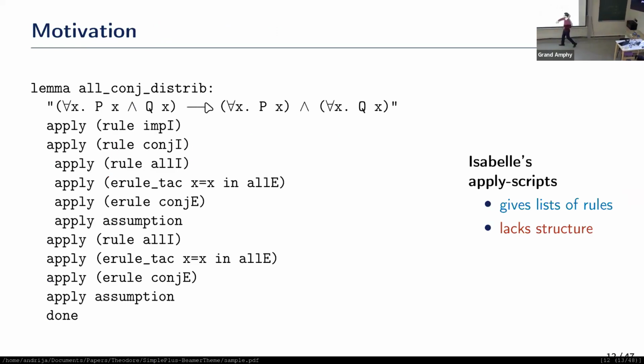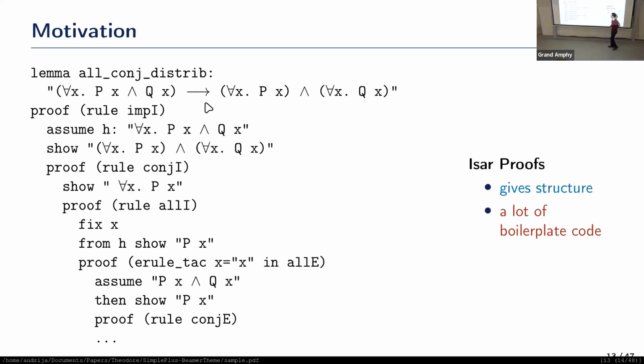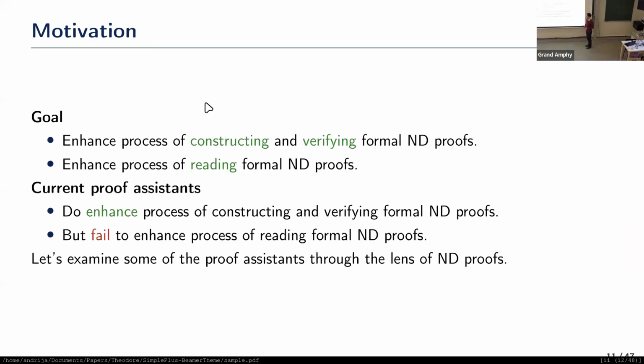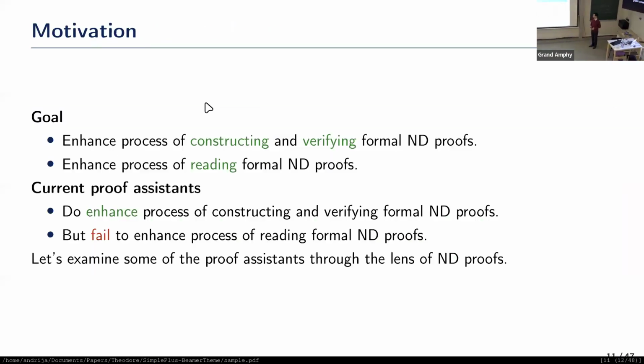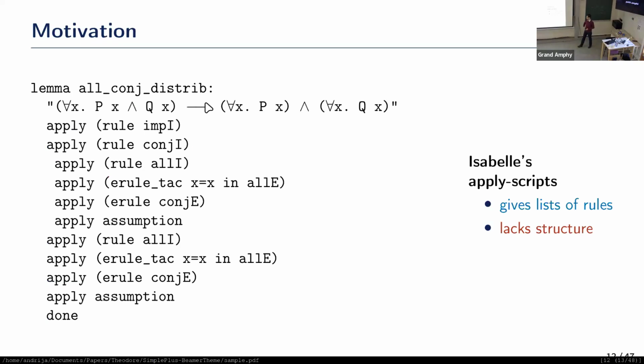Then we can apply conjunction introduction, and this corresponds to this step here, splitting the proof into two branches, and so on. We can continue proving the rest. What does it give us? It gives us a list of rules, but it lacks structure. Isabelle tries to mask this by using indentation, and when we indent, we actually make a new branch.